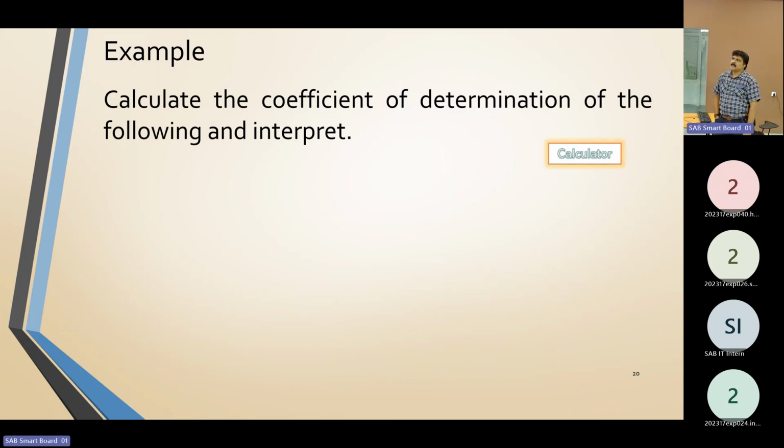Calculate the coefficient of determination and interpret it.